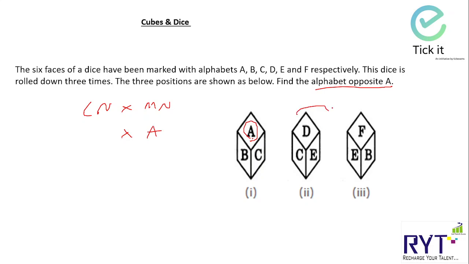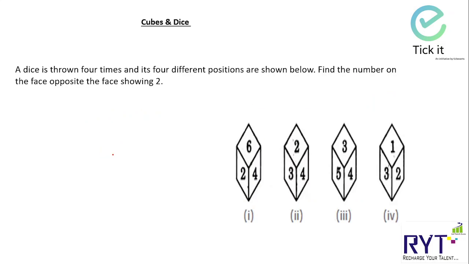I will check these two figures for what is common. I have DCE here. I have FEB here. Which is common? E is common in both the figures, right? So I'll take E. A is opposite to E. So my answer is E.